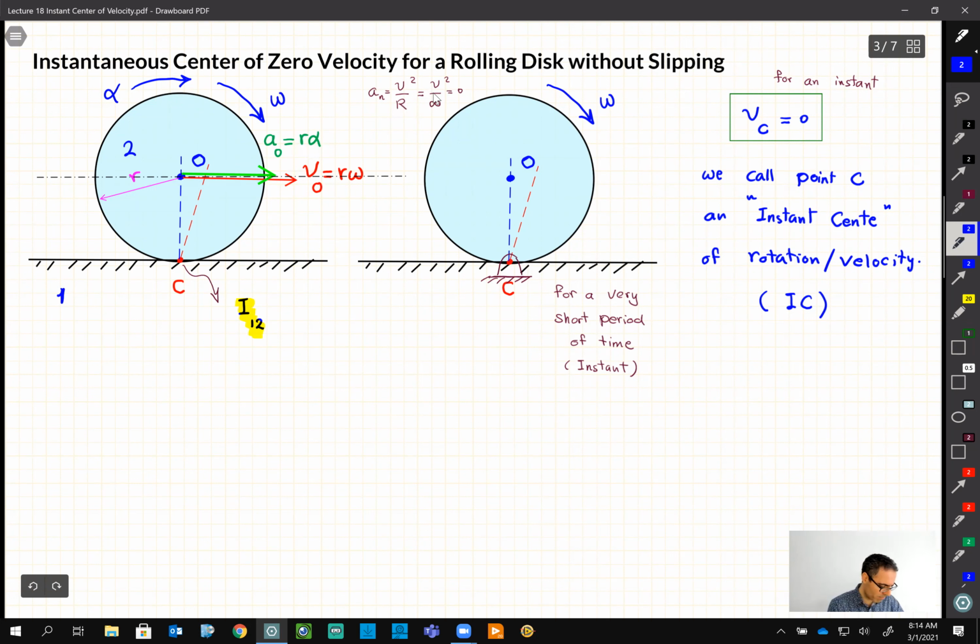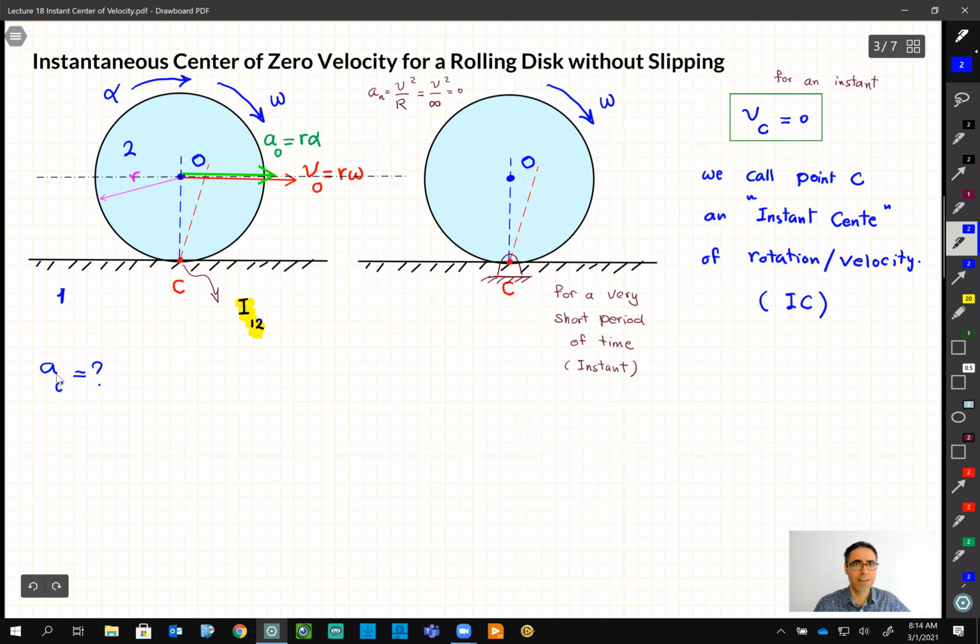But we're going to have a more important question. What about AC? What is the acceleration of point C? We saw that it doesn't have any velocity, VC is 0. What is its acceleration?